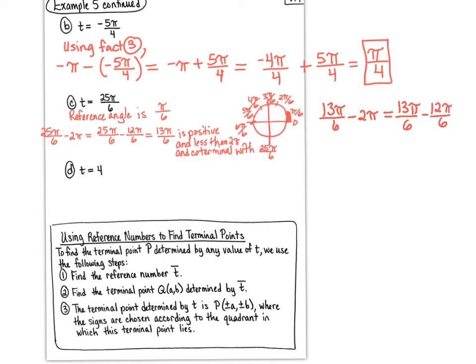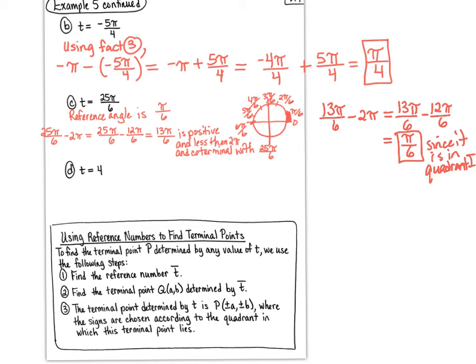And what do we get? Pi over 6. And we know to stop there because that is in quadrant 1, right? So pi over 6 is our reference angle since it is in quadrant 1. Okay, so that's our reference angle.